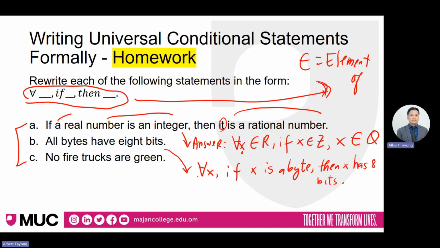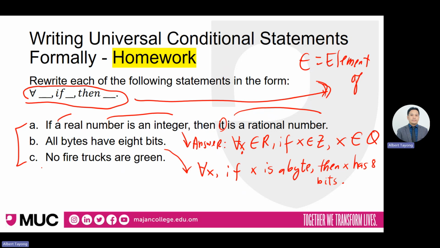See the difference? Because we don't have three domains. Before, we had three domains: real number, integer, and rational number. Here we talk about bytes only. That's our domain. So we change bytes to byte. If x is a byte, then x has 8 bits.